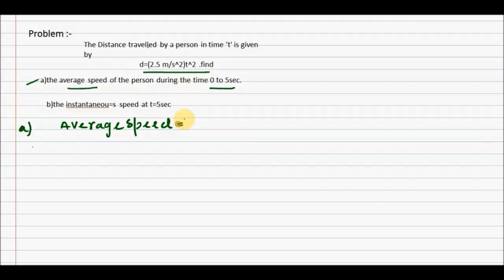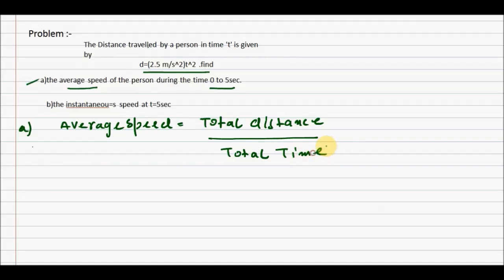The average speed was defined as the total distance traveled by an object by the total time taken, right? Now we know that the time he took was simply 5 seconds.